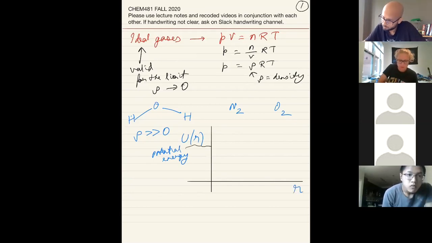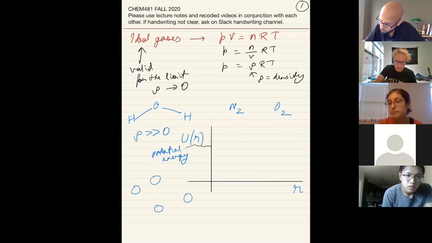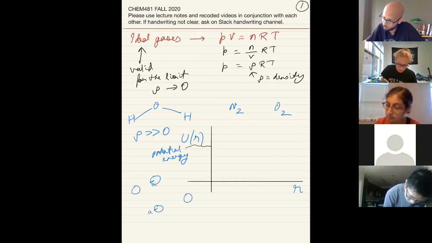Let's say our ideal gas molecules have a radius A. So the radius is A, and we are talking about what is their energy of interaction when they are at a separation R from each other. So this curve, if you try to draw it, will mostly be 0. It will just look like this.